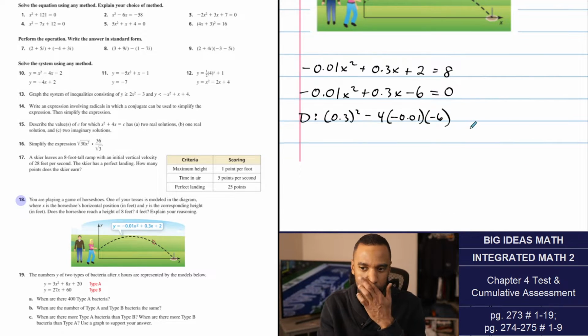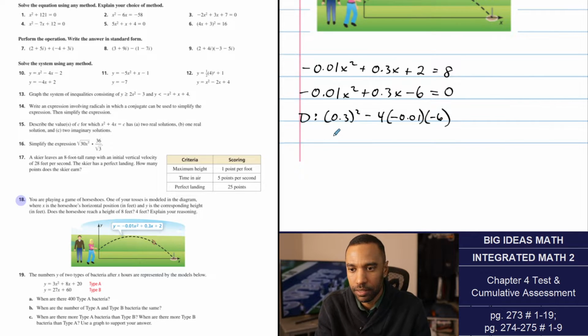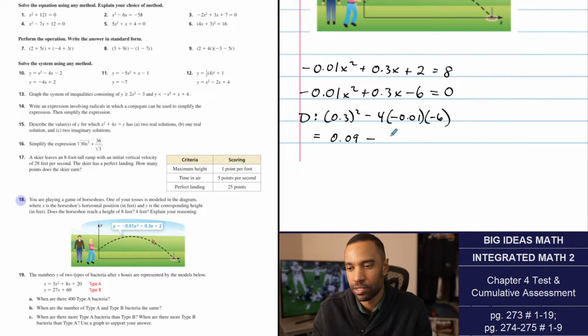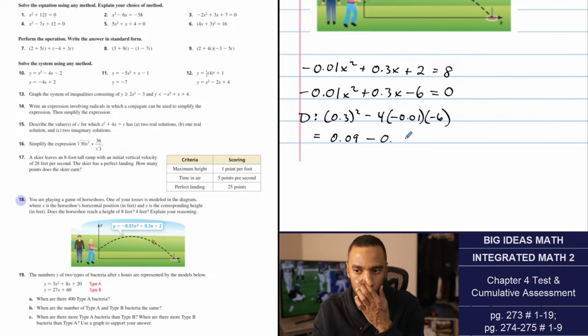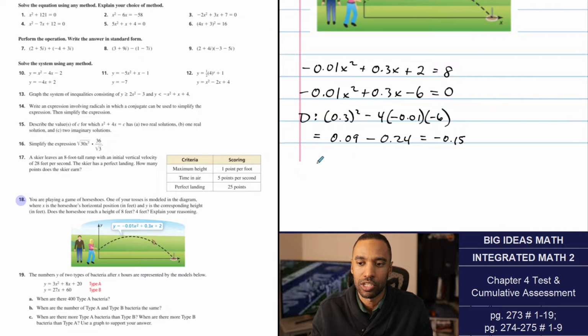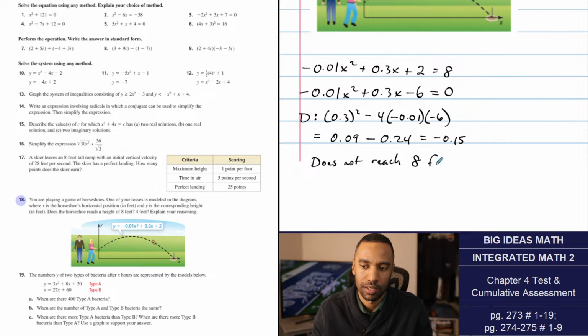I'm going to let the calculator help me out here. 0.09 minus, I think that's 0.24. 24 times 0.01, I think that's 0.24. So it's a negative number, negative 0.15, which means it does not reach 8 feet.